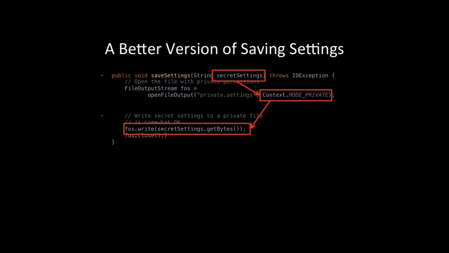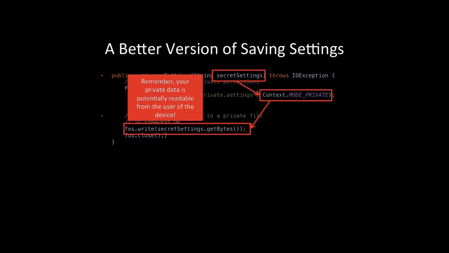So in this case, we are saving settings to the device in a way that other apps can't get access to. If we see mode private, we should assume that the data we're storing to that location will not be accessed by other apps.